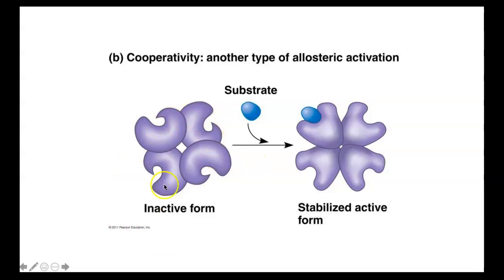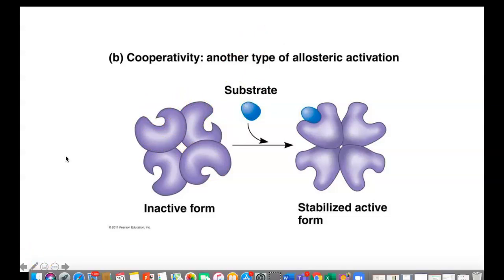So you have an inactive form of an enzyme. It has 4 subunits. We're going to call this enzyme hemoglobin. You might have heard of hemoglobin as the protein that carries oxygen. It is considered an enzyme, has enzyme activity sort of.